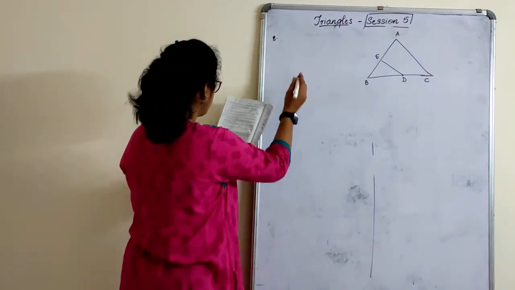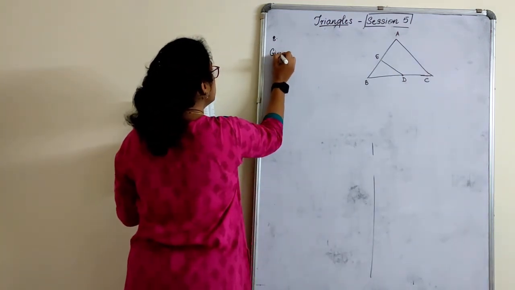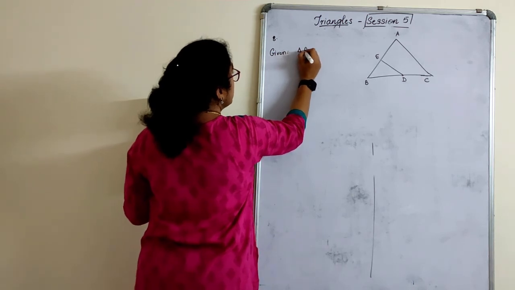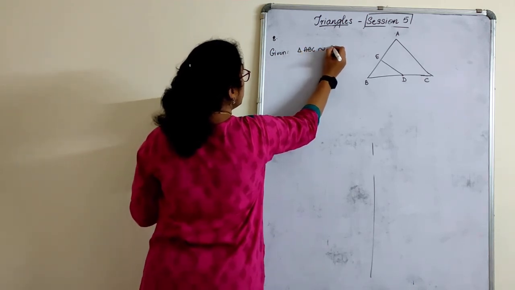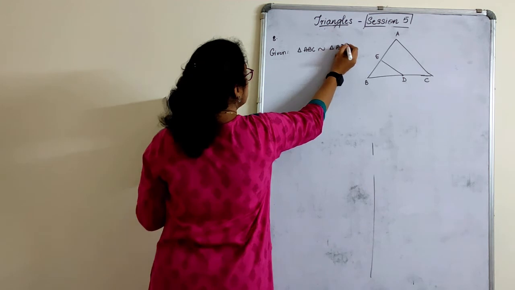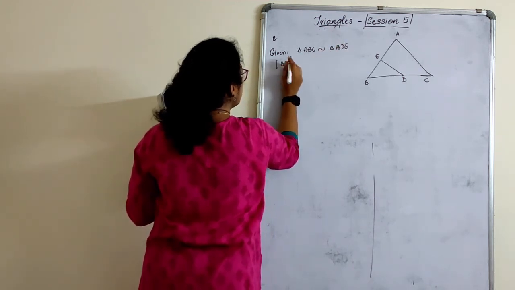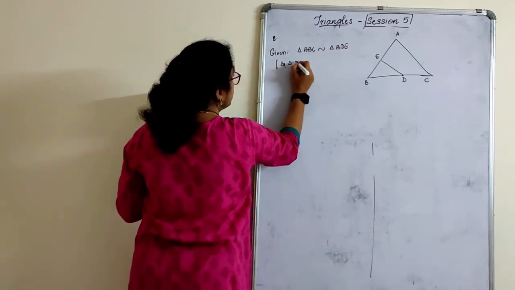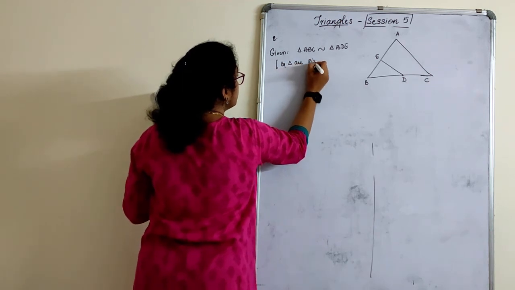It is given. So triangle ABC is similar to triangle BDE. Equilateral triangles are similar.